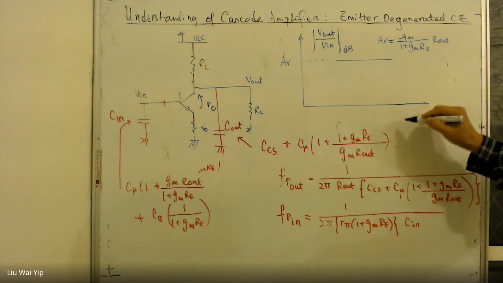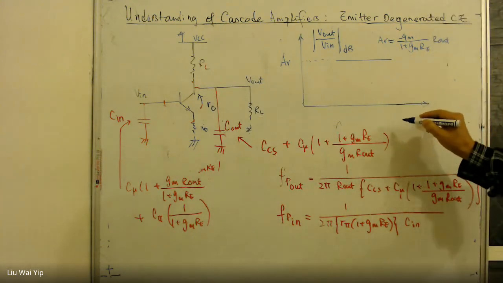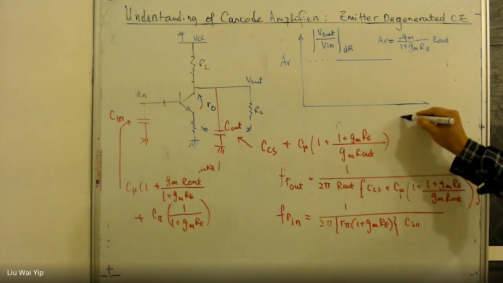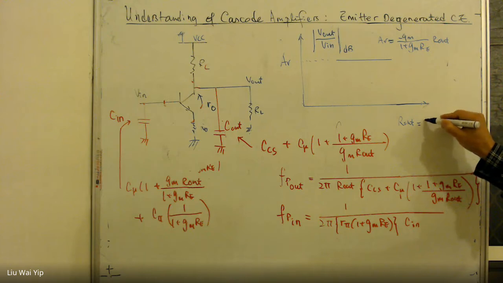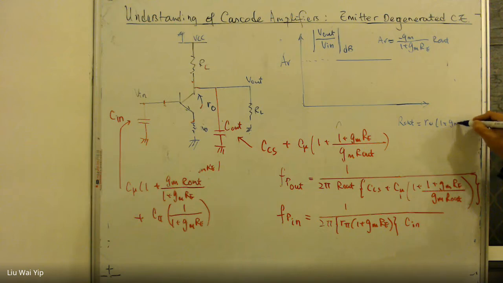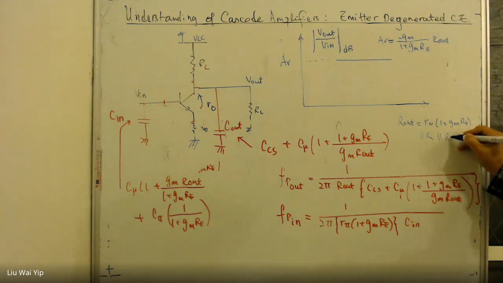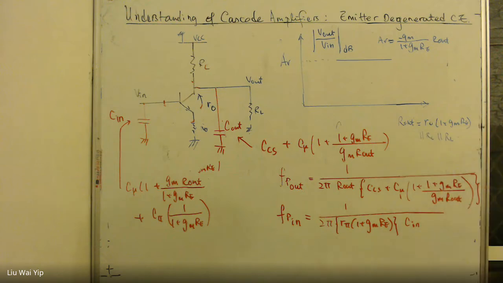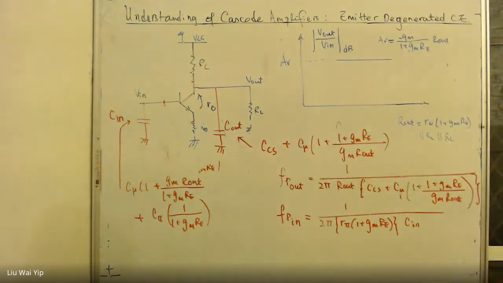The total output resistance, as I have already emphasized, is equal to r_o times 1 plus g_m R_E, and then in parallel with R_C and in parallel with R_L.